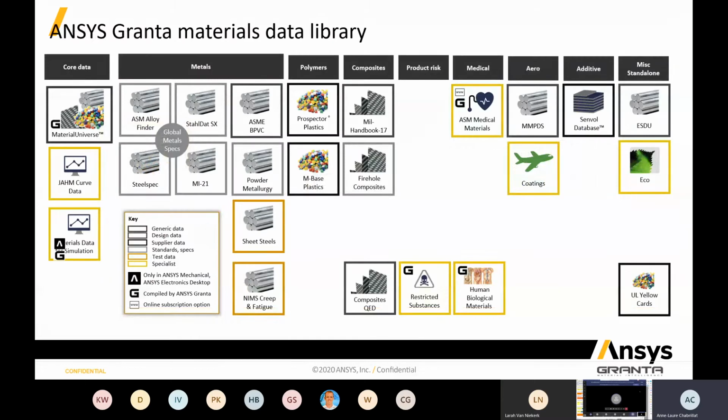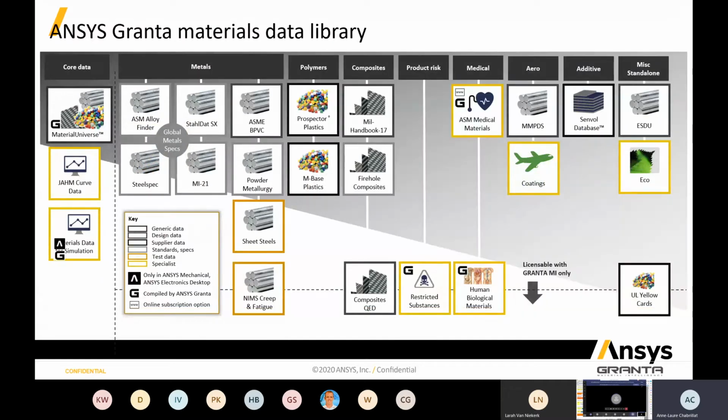So here is the picture of all the materials that you could find available within the Granta Selector. Just in the core data, most of what we'll look at today is Material Universe.